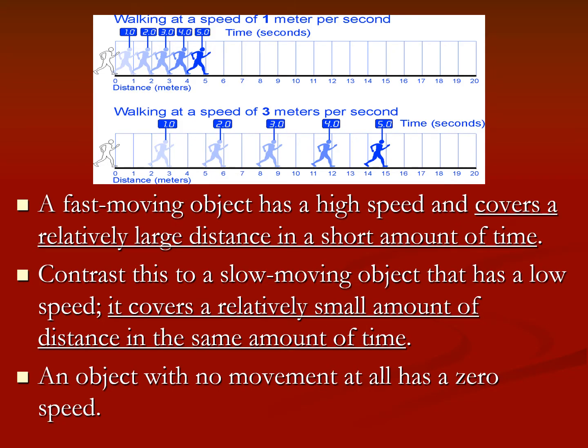Well, we find that a fast-moving object has a high speed if you cover a large distance in a short amount of time. So for example, the second person here has a faster speed because they were able to cover more distance in the same amount of time. Okay, slow-moving objects are not going to cover as much distance in that same amount of time.